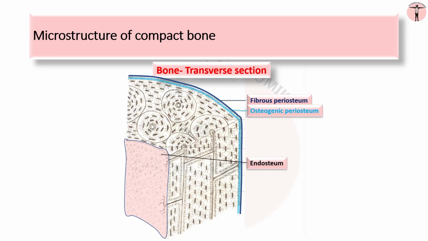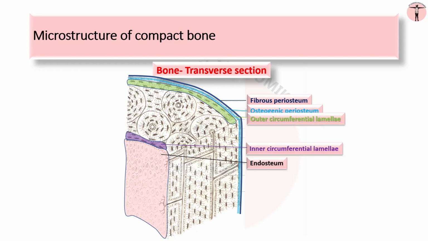Okay, this has already been discussed. To recap, deep to the periosteum is the outer circumferential lamellae. The lining of the marrow cavity, the endosteum, is surrounded by inner circumferential lamellae. Between the outer and inner circumferential lamellae are the numerous cylindrically arranged Haversian systems.